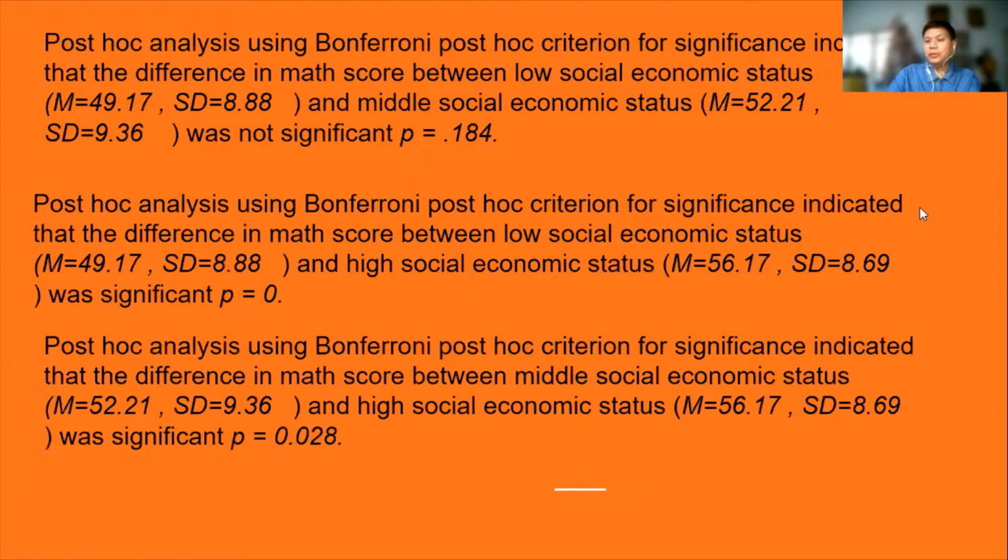Now the next interpretation is this here. You have to indicate where lies the difference, and this is by using a post hoc analysis. When I say post hoc analysis, it means you have to compare one group from the other group. So it says here, the post hoc analysis using Bonferroni post hoc criterion for significance indicated that the difference in math score, first we compared the low SES and then the middle SES. What are your disclosures?